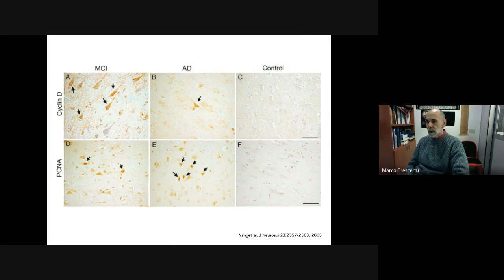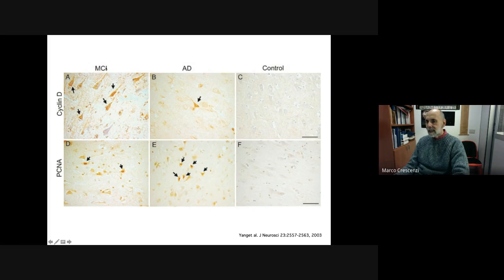Here, for example, I'm showing neurons, prototypical examples of what we regard as terminally differentiated cells. But in this case, you can see neurons from minimal cognitive impairment patients. Minimal cognitive impairment patients are those that present, as the name says, some degree, but not a high degree, of cognitive impairment, and sometimes progress to Alzheimer's disease.